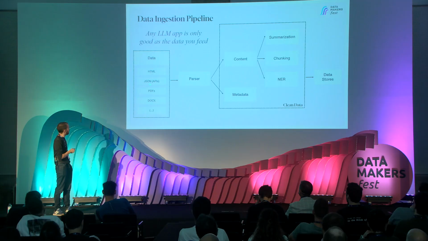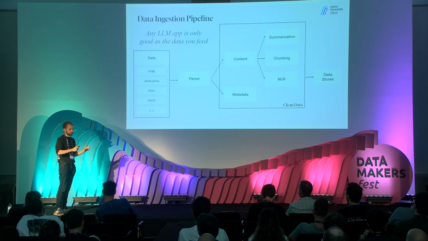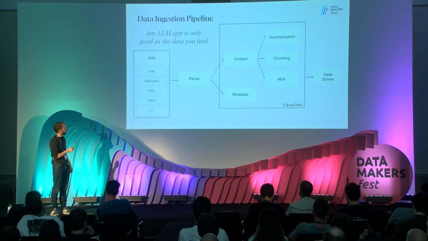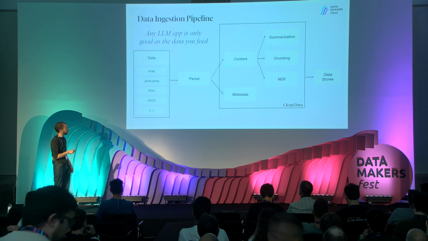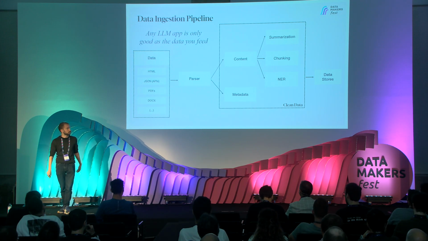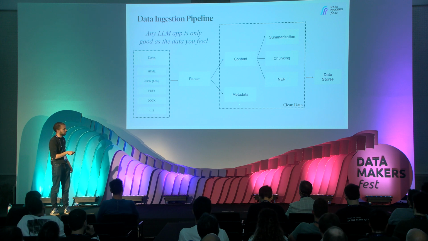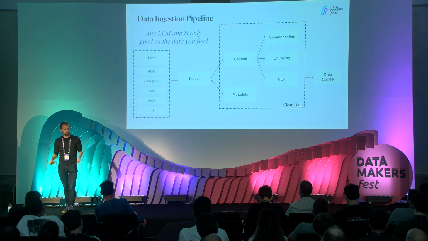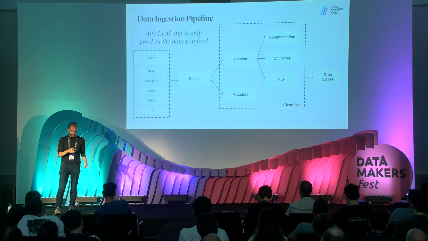So we have several types of data. Usually we have a parser, something that can destructure this data into a more structured format. Usually it's a JSON object, which can have content. This content can be divided into sections, for example. Then we can extract metadata, such as dates, authors, the source where it came from, stuff like that.